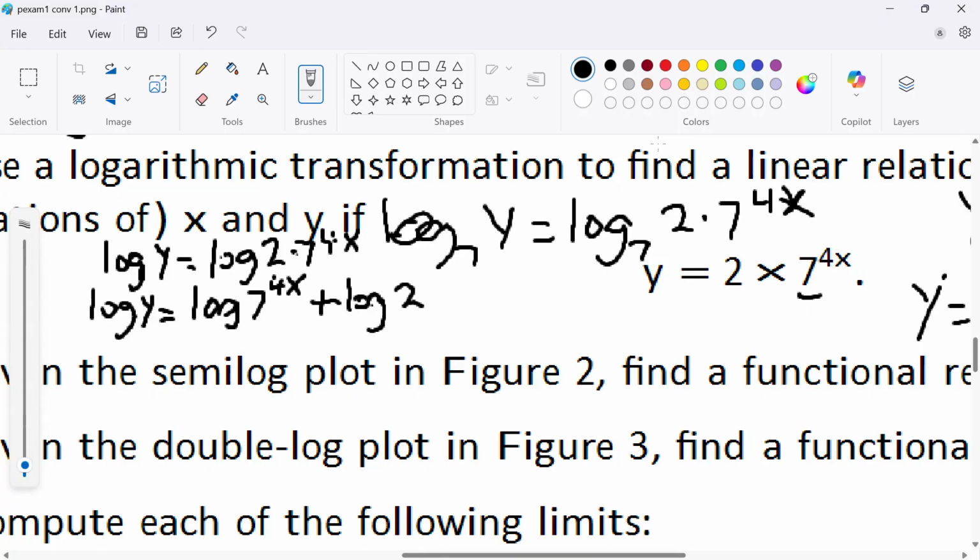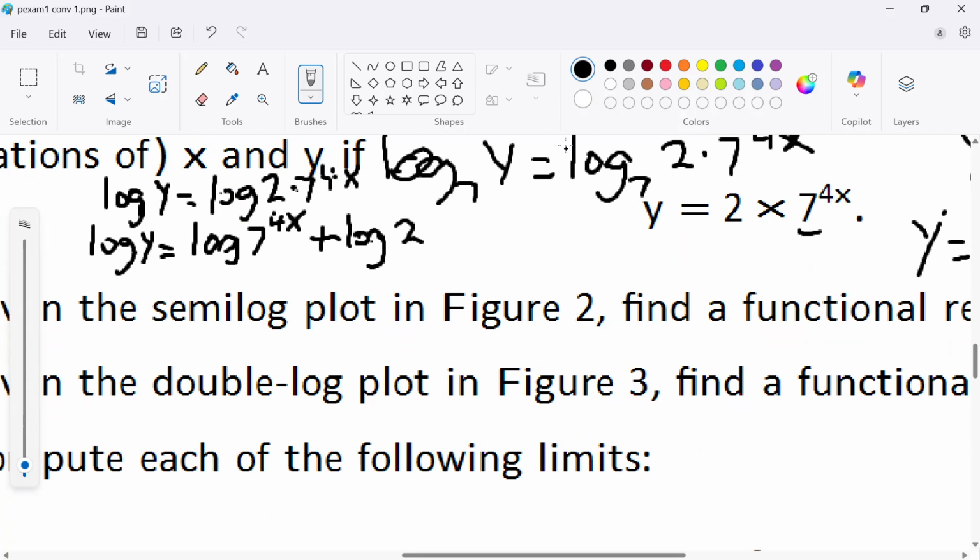And then this 7 to the 4x, I can put the 4x out front, I get log base 10 of y equals 4x log 7 plus log 2.